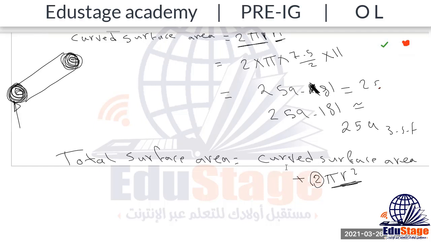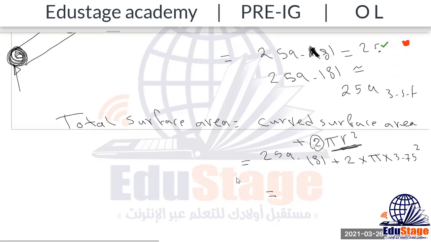So it will equal 259.181 plus 2 times pi times 3.75 squared. Yes, because we have 2 circles. So the answer now is 348 square centimeters to 3 significant figures.